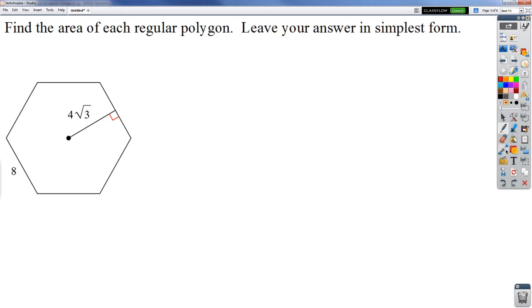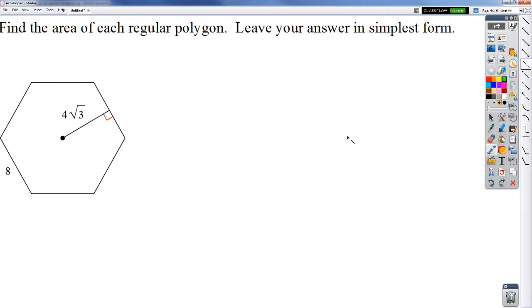The thing that is important to pay attention to is that what we have here, even though this is a hexagon, what it really is is a series of triangles glued together, equilateral triangles specifically.